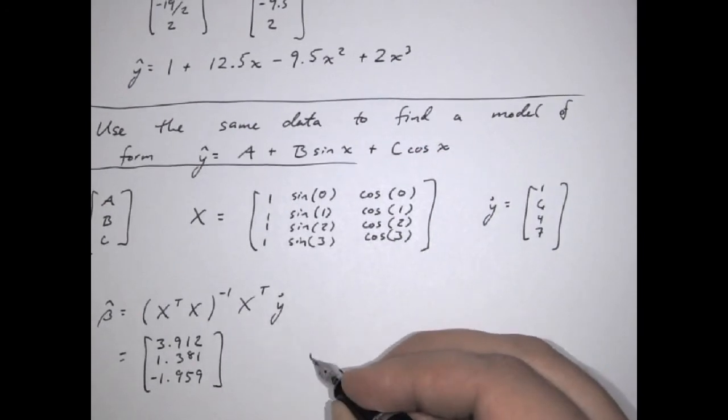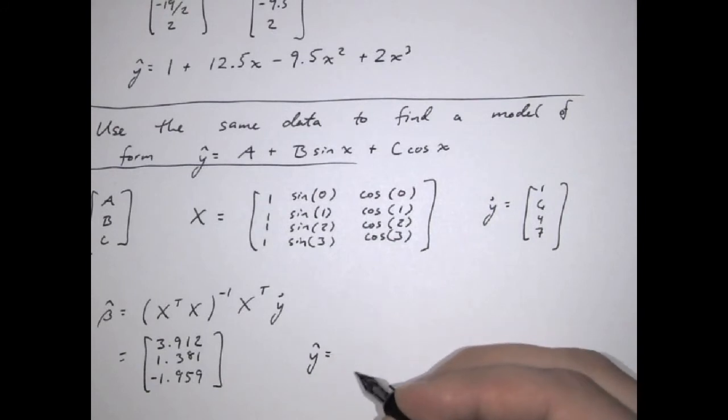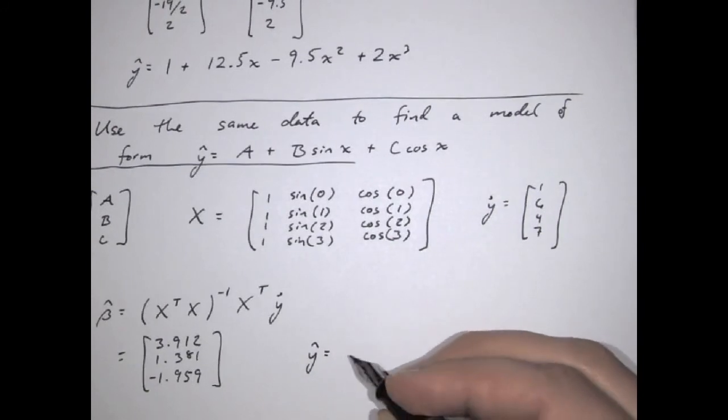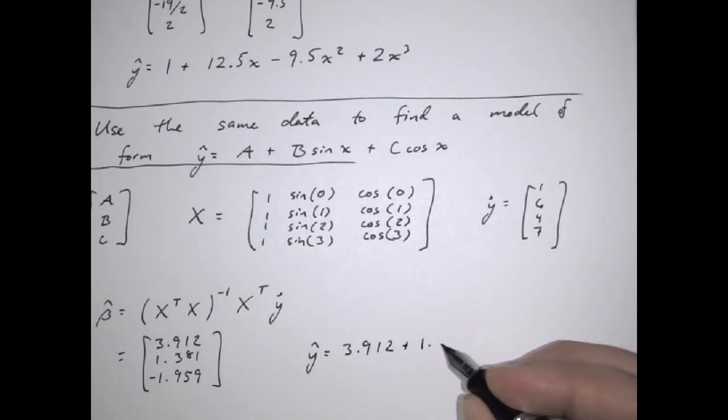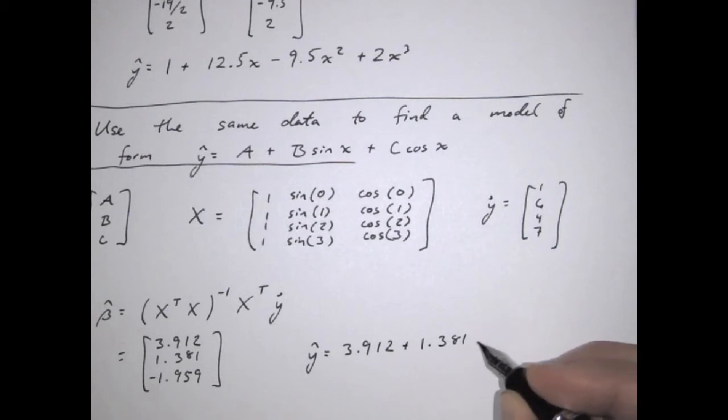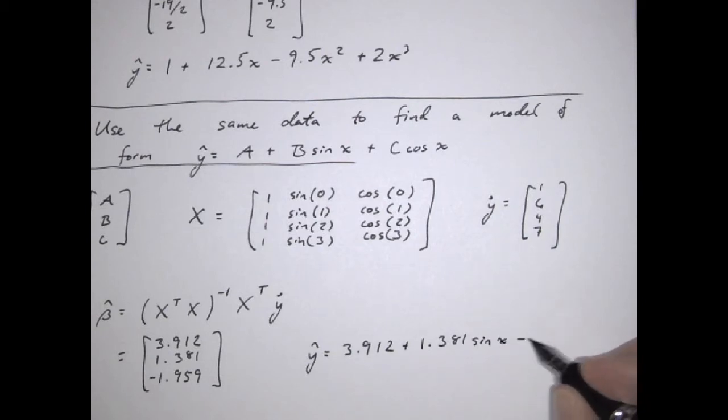So in other words, the model here that we would have is y hat is equal to 3.912 for the constant term plus a coefficient of 1.381 sine x minus 1.959 cosine x.